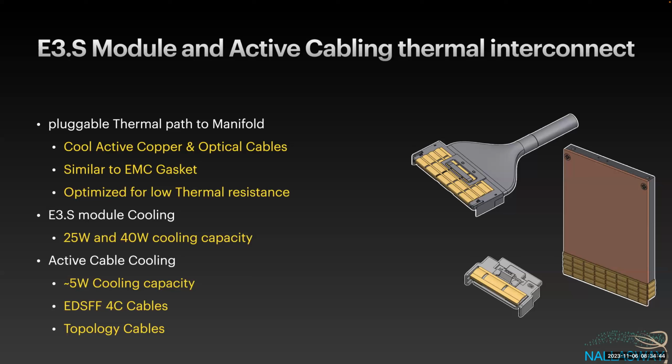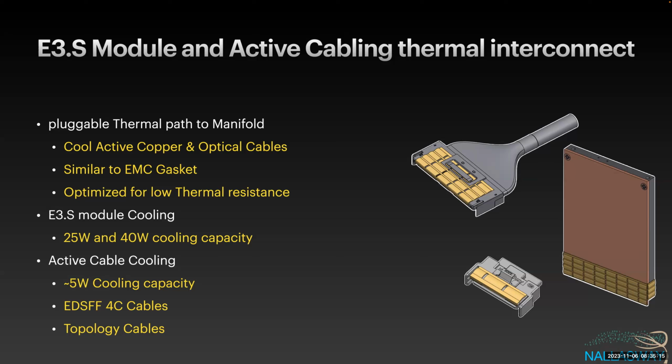In terms of the E3 module, we're looking at 25 watts and 40 watt cooling capacity. This will only be a single width, short length E3 module, E3.S. But because we've got the direct water cooling, I'm hopeful that we will be able to cool 40 watt modules that are traditionally two slots wide, because the extra slot is used for airflow over fins.